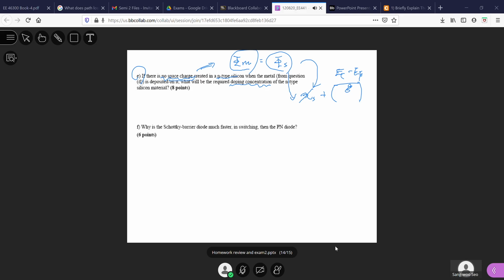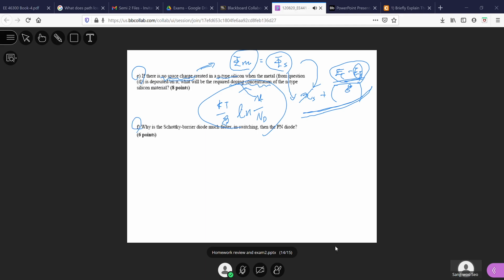So to correlate this equation, you can have the required value of this EC minus EF. That will give us the doping concentration following the KT over Q, the same way, NC over ND, right? So that will answer this question in here.